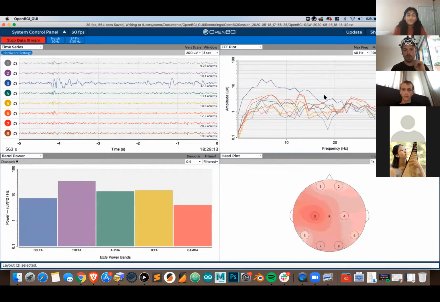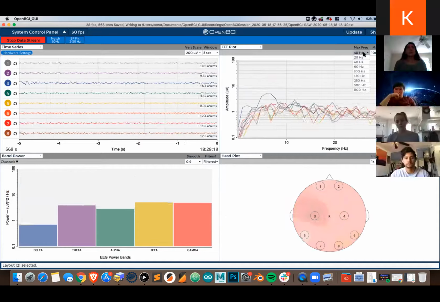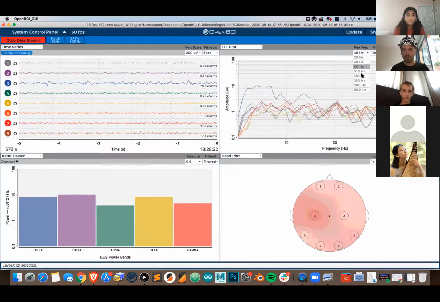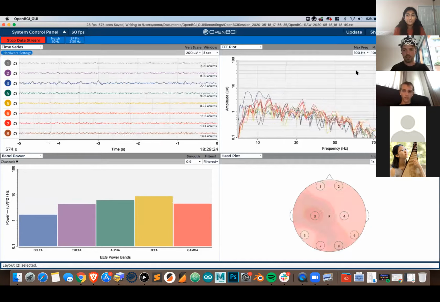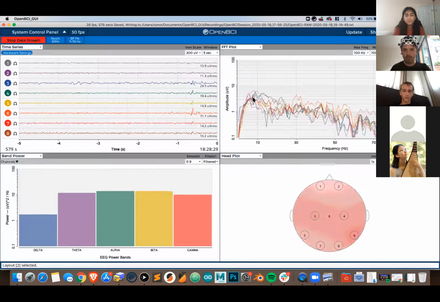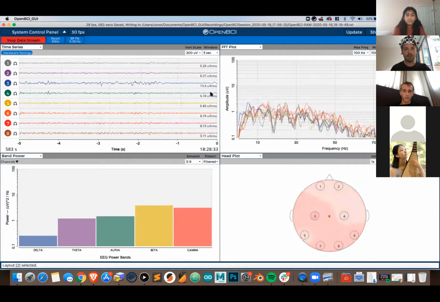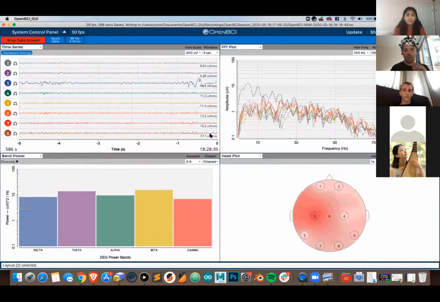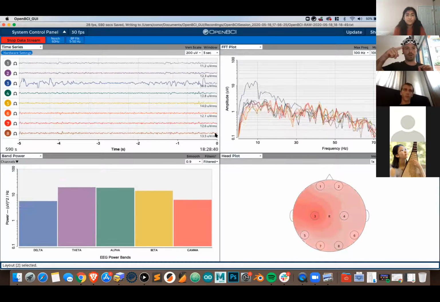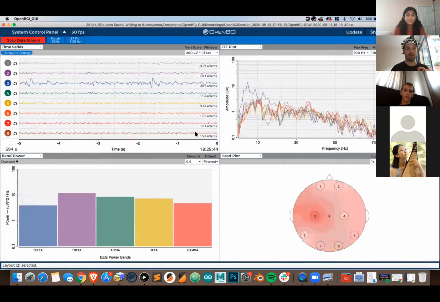Cool, that's great. So this right here is an FFT representation, a fast Fourier transform, of the time series data to the left. Each of these colored lines corresponds to the same color in the time series. When I close my eyes, you're going to see these wobbles appear, about 11 wobbles per second.